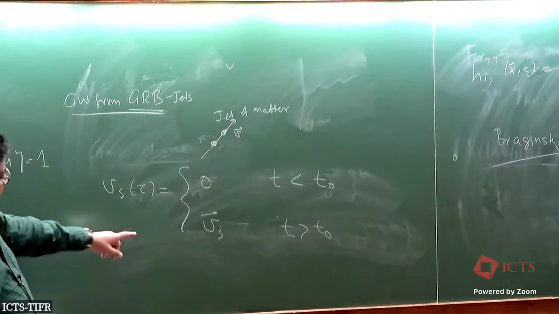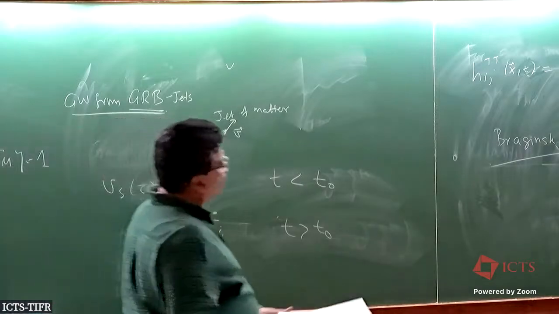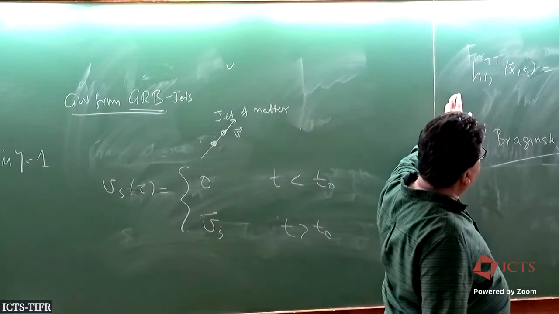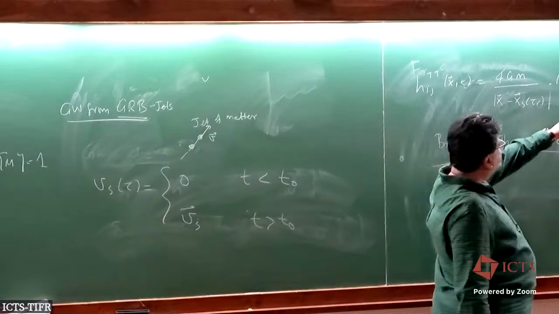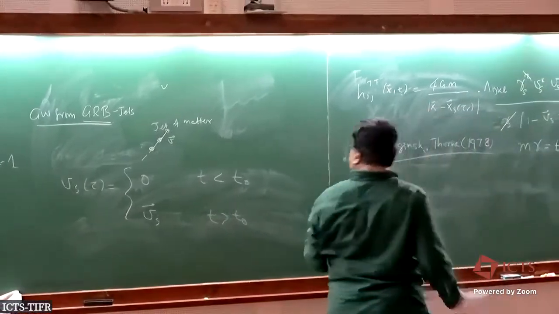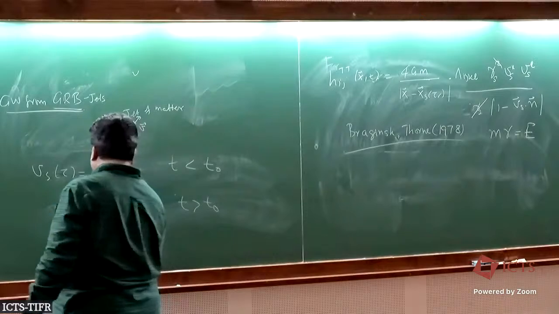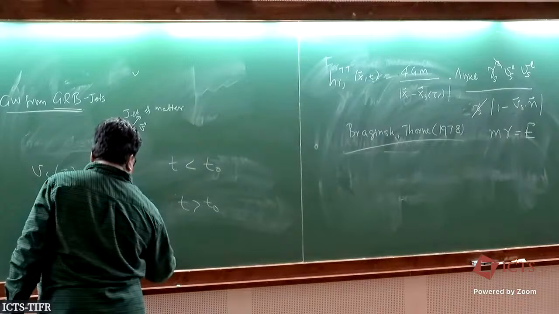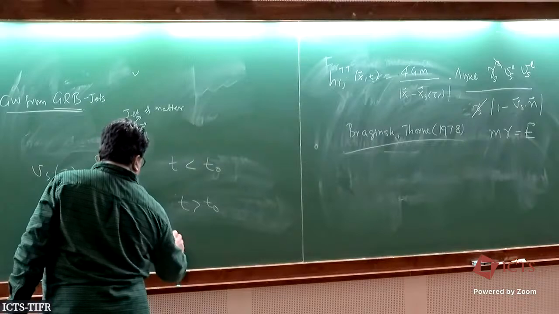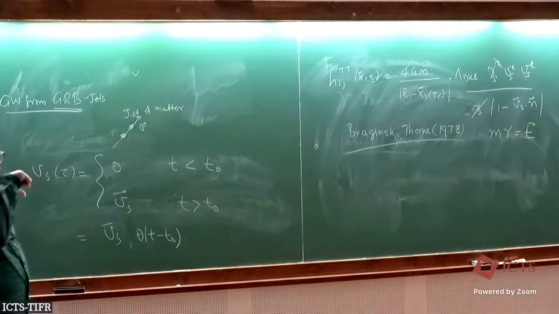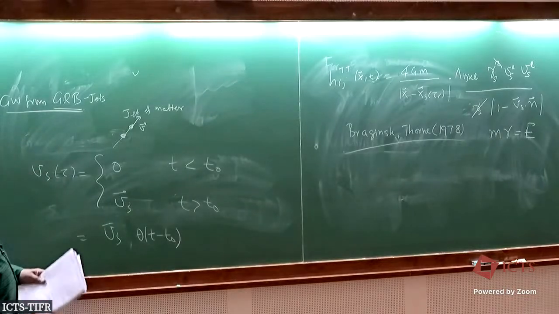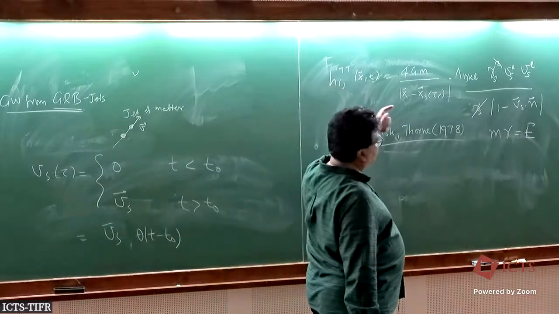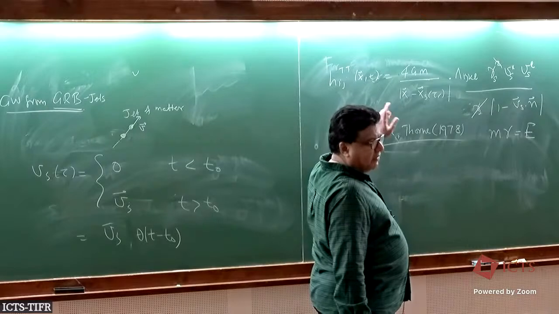If you now take this and stick that in this equation, to begin with there is no source, no velocity, and suddenly it's a theta function, V_s times theta. So what you will see is a step function in this h, given by this magnitude.